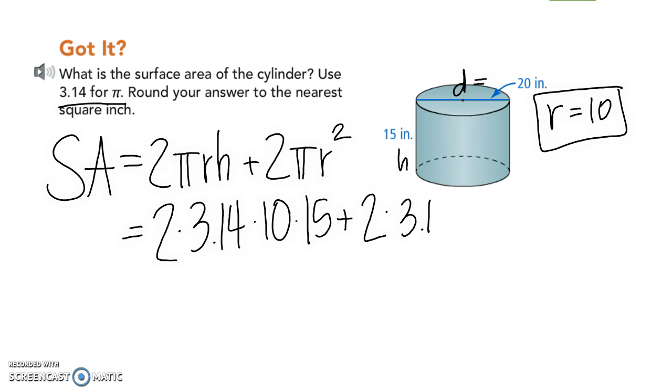2 times 3.14 for pi times the radius squared, 10 squared, which I know is 100. Okay, I'm putting parentheses around this chunk, and then I'm putting parentheses around this chunk.